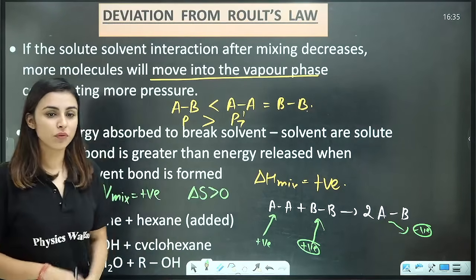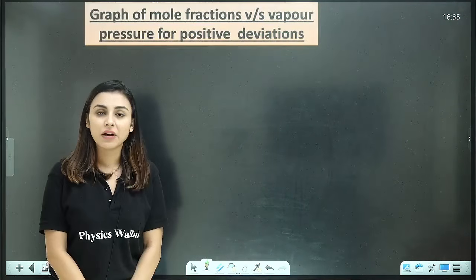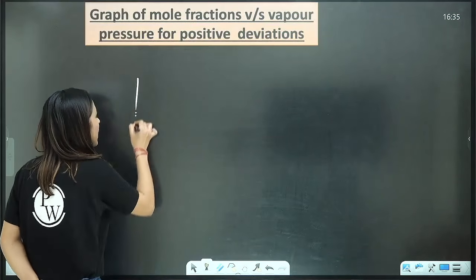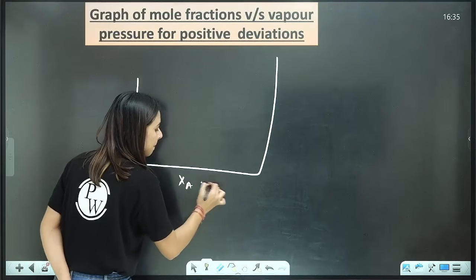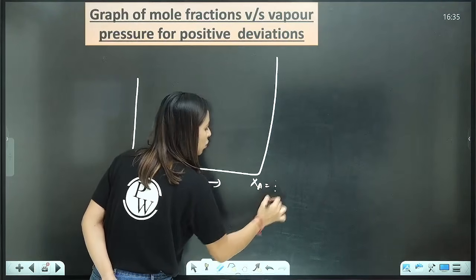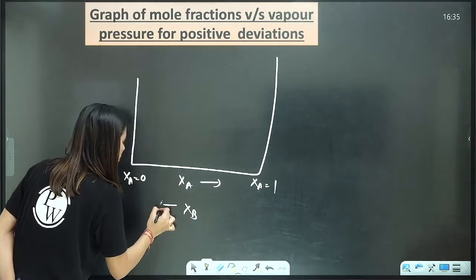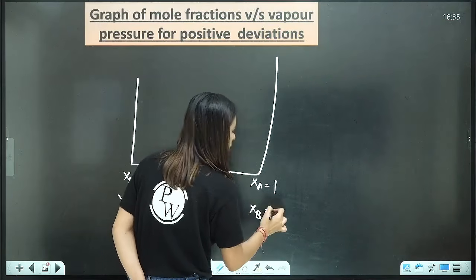Perfect. Let's move forward. Now we are going to draw the graph for this. Okay? Yes, ma'am. How are we going to draw a graph, my dear students? Again, you will consider this like this. You have XA. So XA is equal to 1, XA is equal to 0. XB, you have XB equal to 1 and you have XB equal to 0.